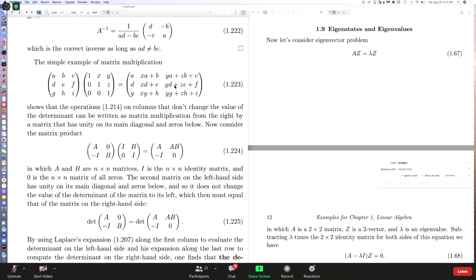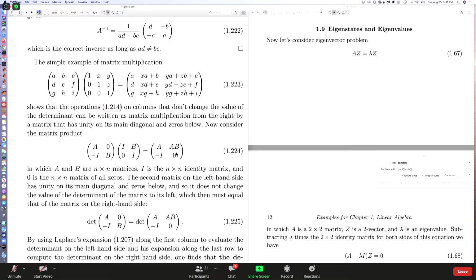And so that doesn't change anything. And if we now apply that idea to this particular structure here, where these are matrices now that are 2n by 2n, because A and B and I are n by n matrices, we then can see that this product gives us that.